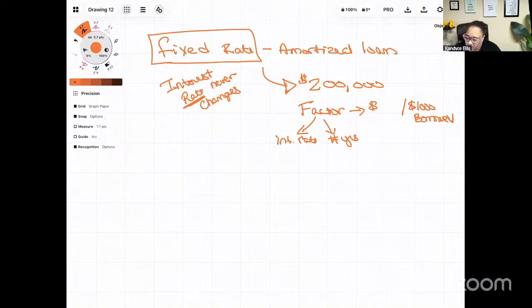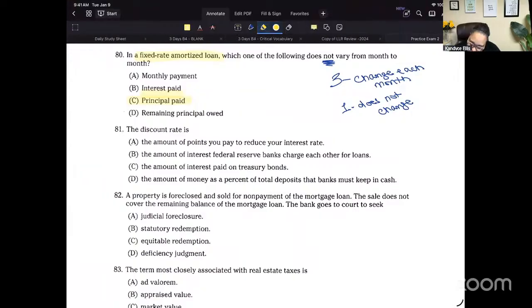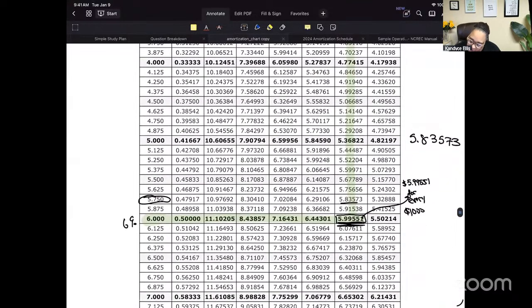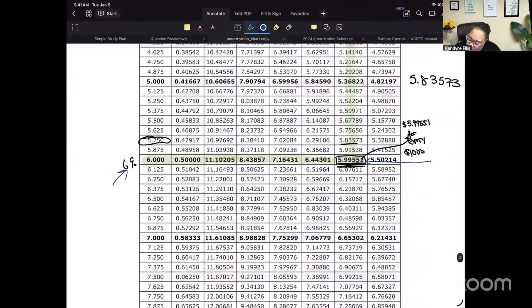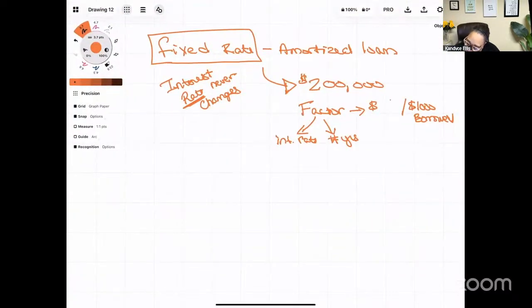So then you go to your amortization chart. At some point, I was doing something at 6% for 30 years. We had $5.99 as a factor. There's your rates, there's your year. So that's our factor. You're going to pay $5.99 for every 1,000 borrowed.